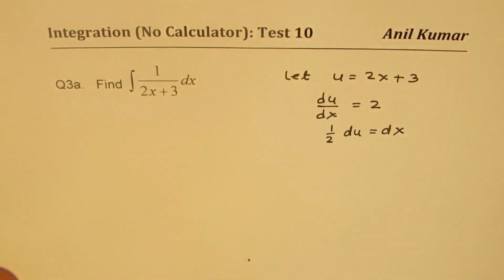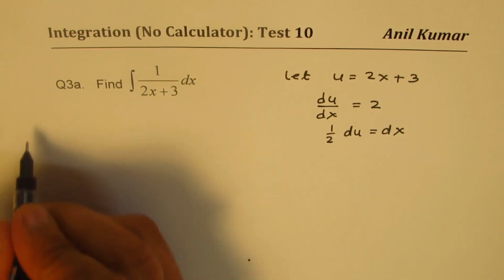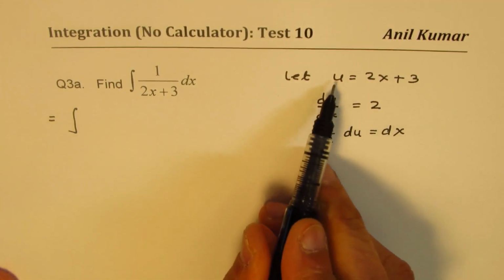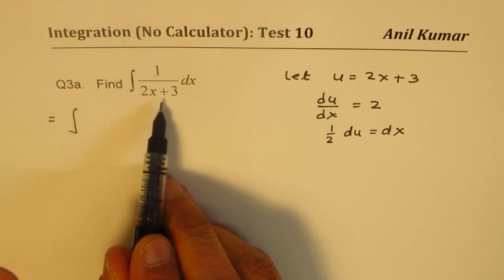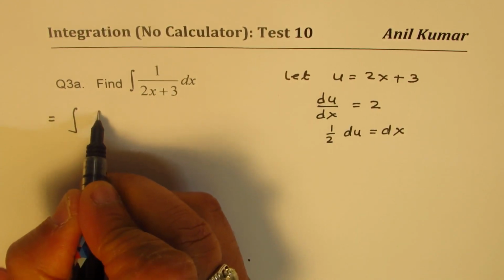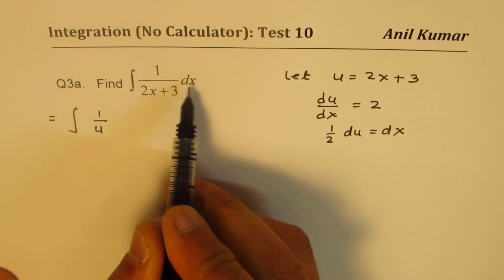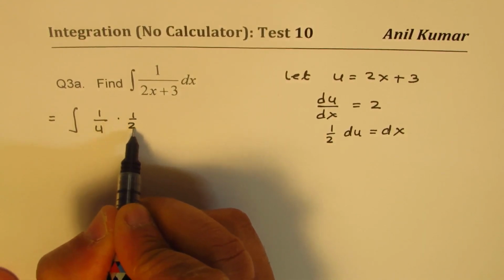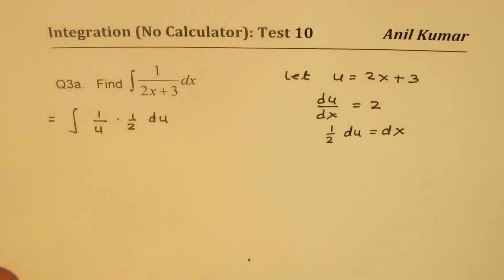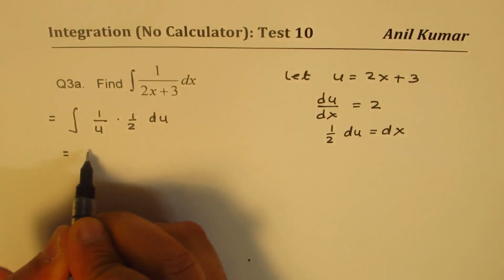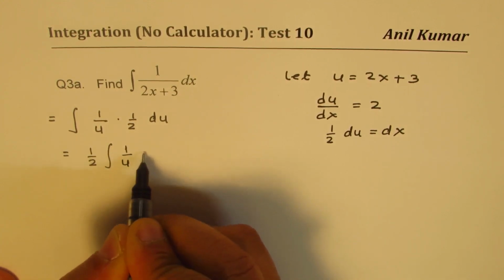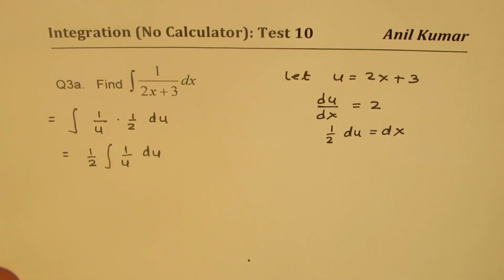So we are going to make this substitution here, and we can write this integral as the integral of, so we are replacing 2x plus 3 with u, so we get 1 over u, and dx is being replaced by half du, right? So that's how we get our integral, and now we can write this as half of the integral of 1 over u du, okay?